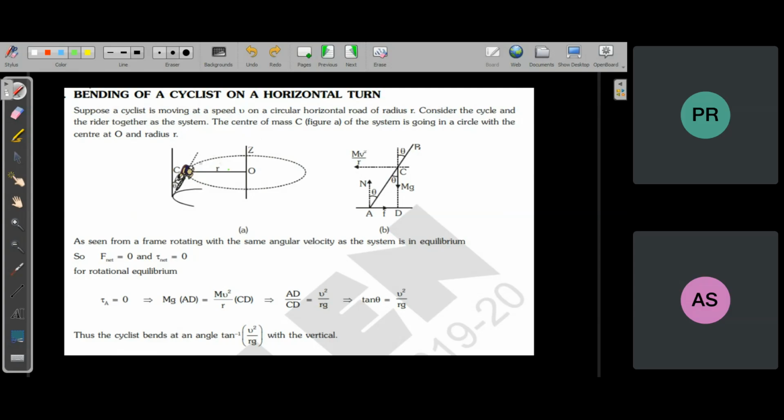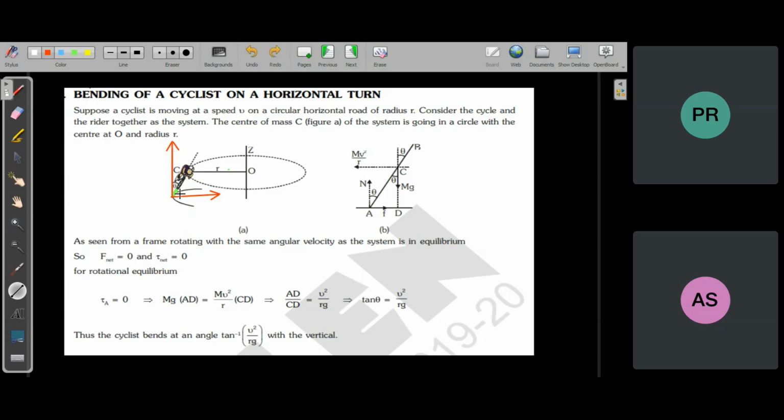Here you can understand, suppose this is a cyclist, a boy is cycling, and here the wheel is touching the floor. Here you can see that a normal reaction force will act on the bicycle at this point, like this, and then there will be a friction force also, which will be acting towards the center, like this. And now think about mg. mg acts at the center of mass here.